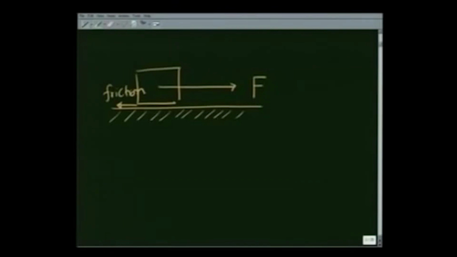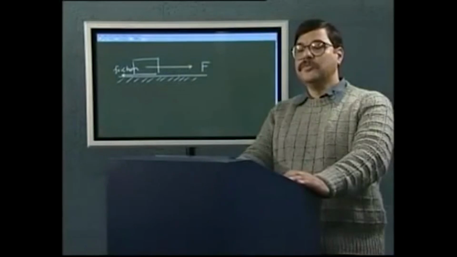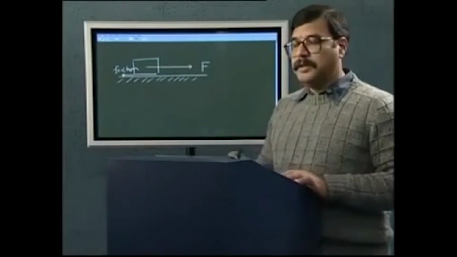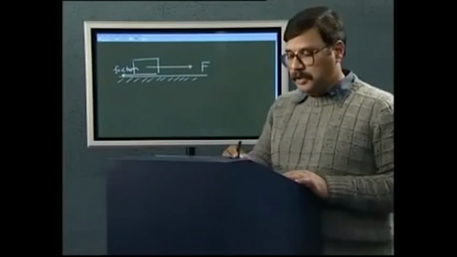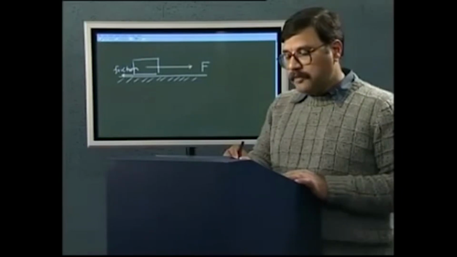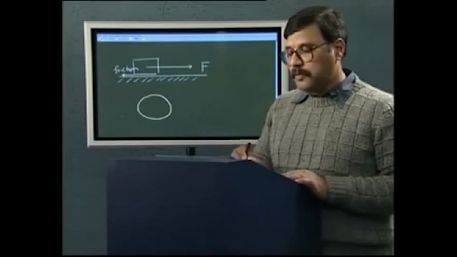Even if the body is not moving, frictional force has a tendency to oppose the tendency to move. Another example of frictional force is the drag force or the viscous force that we encounter when a body moves through a fluid. This force also opposes the motion. In this lecture, we will be looking at both kinds of forces.